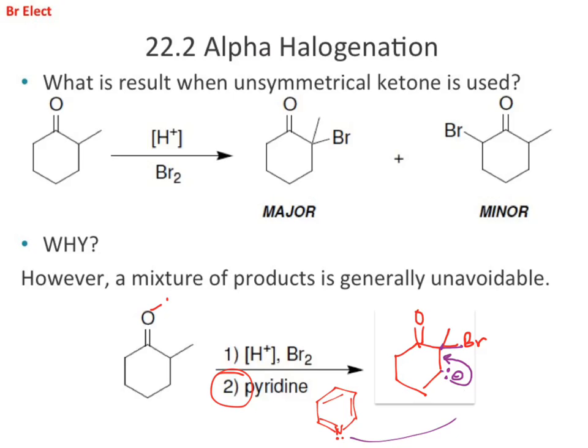What happens now? How many bonds does this carbon now have? Too many. Do we have a weak polar bond that we could break? And we have a good leaving group. The result, we end up ending with actually our alpha-beta unsaturated ketone.